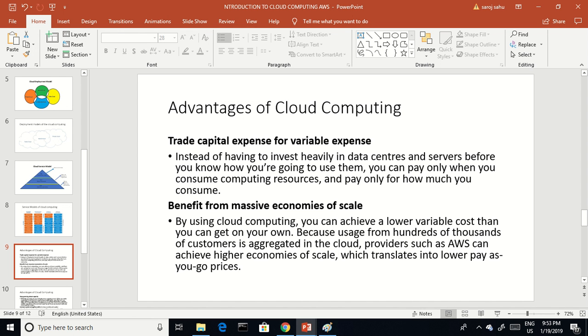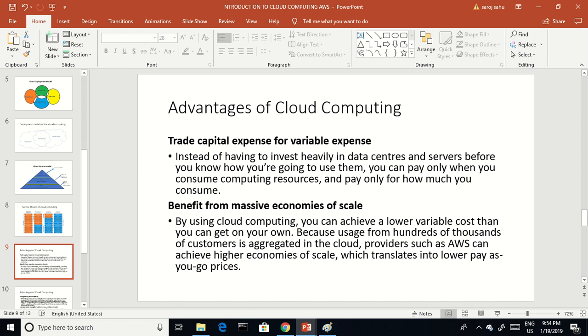If you build your own data center, the upfront investment is huge, and you don't know how to customize, and how much the client requirement is at this particular point of time, you cannot calculate very accurately.